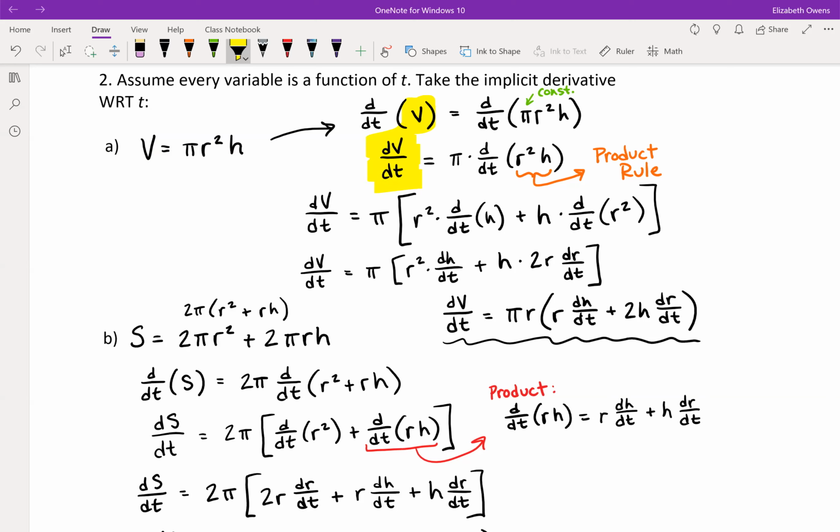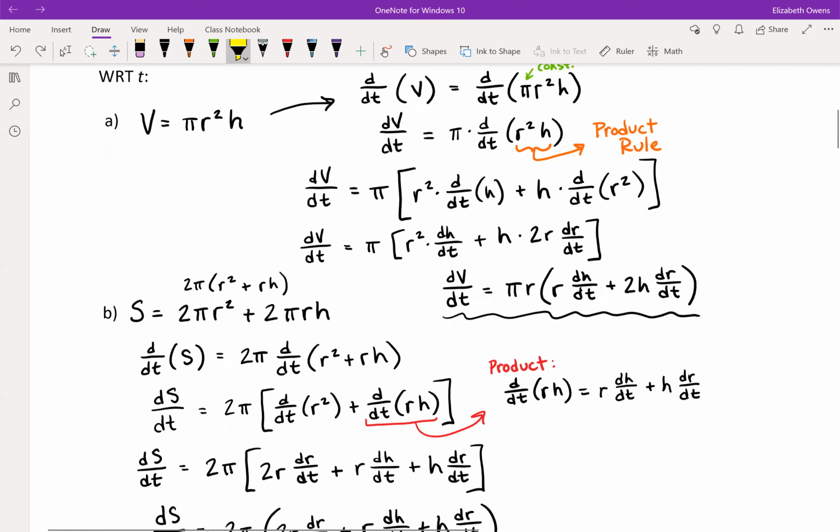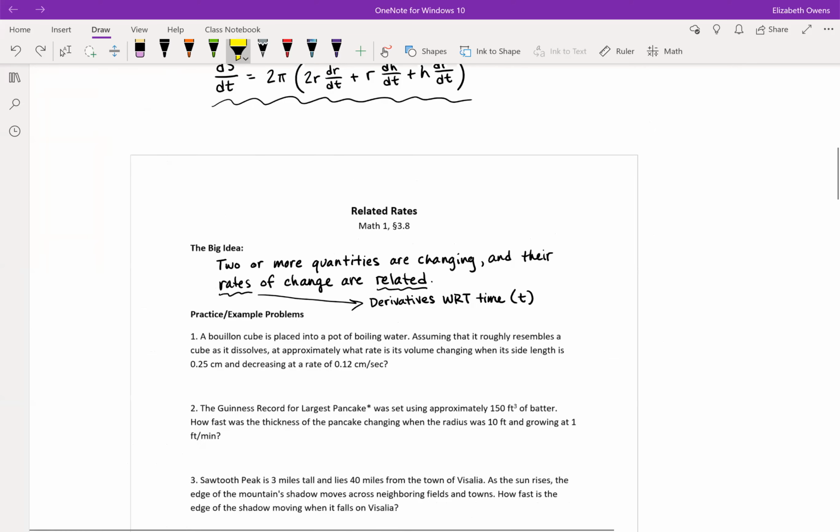There's no change in the volume for us. So we have a 0 there, but we can still take this whole right-hand side and use that. That way we don't have to do our product rule over again right now. But if you did need to do it from scratch, there was how we did it. So we're going to have pi r dh/dt plus 2h dr/dt.